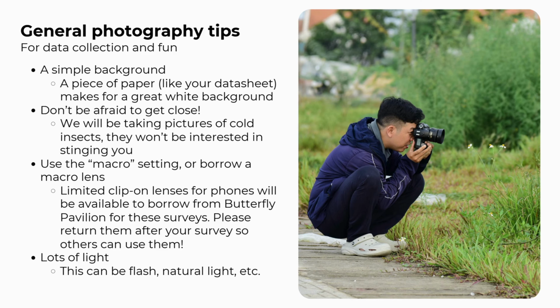And we have a couple of clip-on macro lenses that you can schedule ahead of time with us to swing by, and we have, I think, 4 currently available to clip on to your phone camera. Once you're done using those for your survey, go ahead and return them so that other people can borrow them, of course.